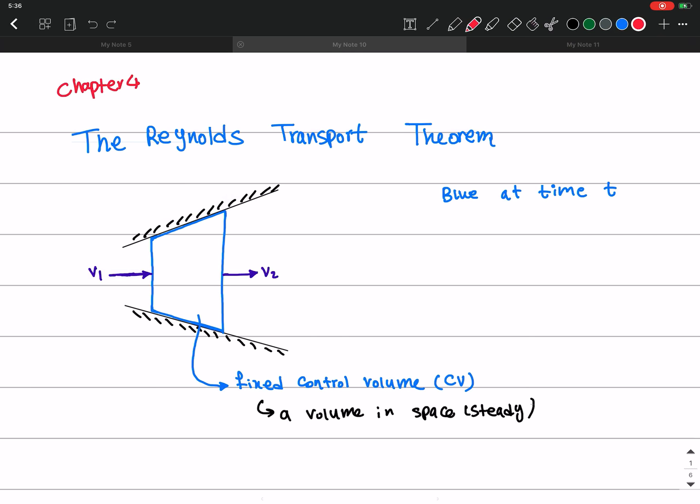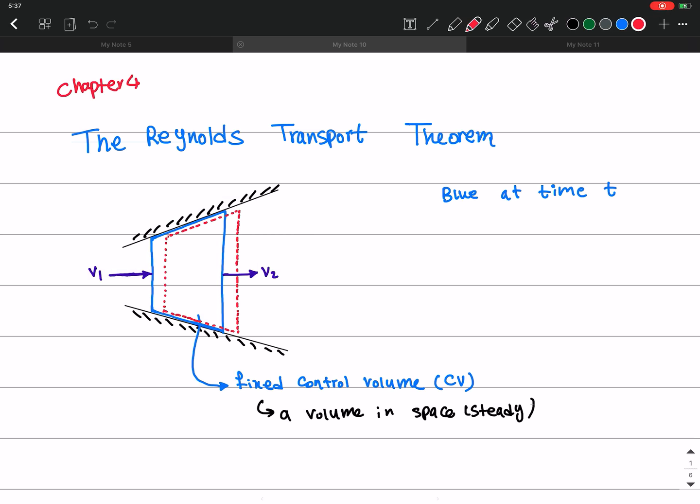At time t plus delta t, the fluid flow in this volume goes a little bit to the right, as you see here.